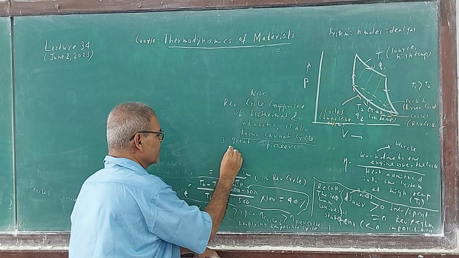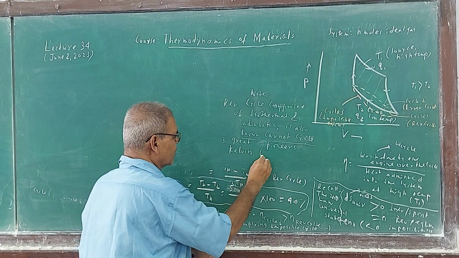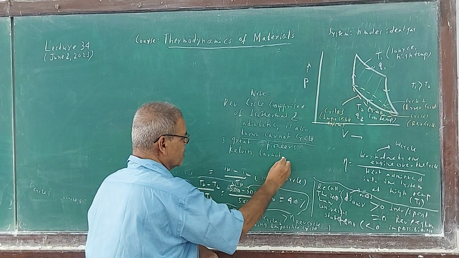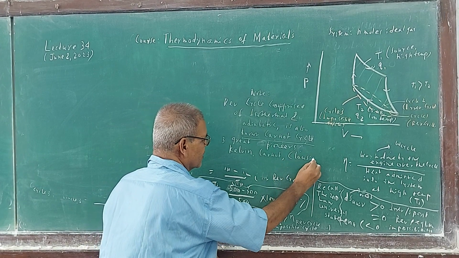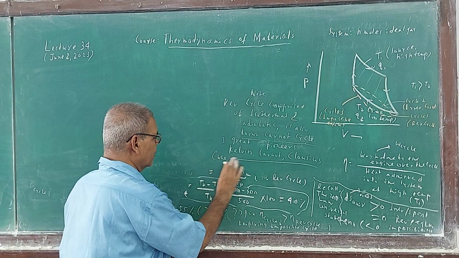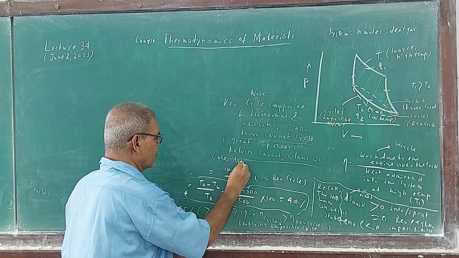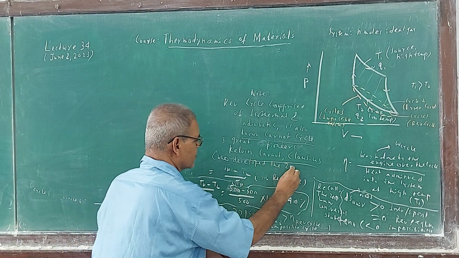What is the name? First name is Kelvin, Carnot, and Clausius. These three developed the second law of thermodynamics.